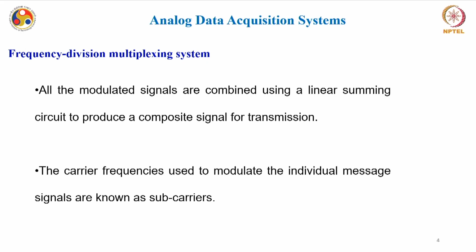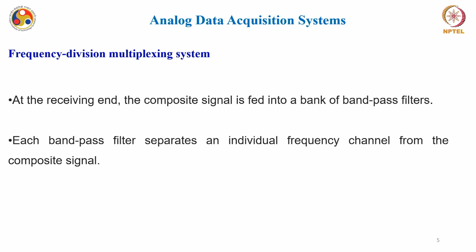All the modulated signals are combined using a linear summing circuit to produce a composite signal for transmission. This composite signal is a kind of complex signal. The carrier frequencies used to modulate the individual message signals are known as the subcarriers in the system.